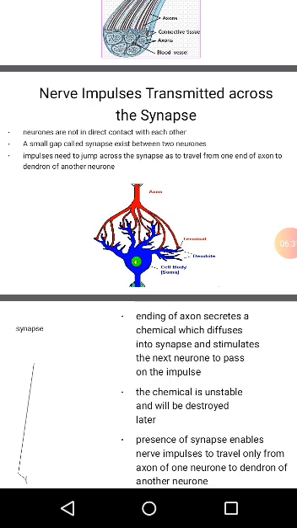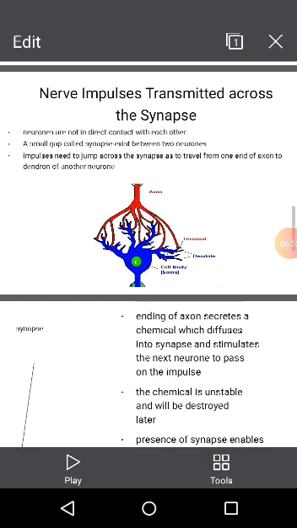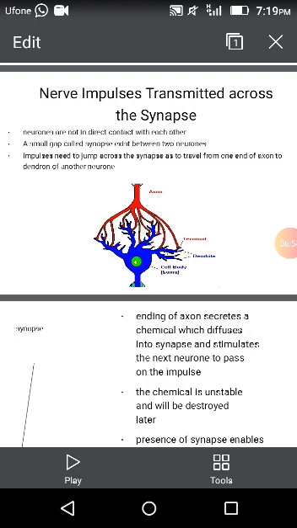A nerve impulse needs to jump across the synapse to travel from the axon of one neuron to the dendron of another. So, from one neuron, the nerve impulse has to jump across the synapse and then pass on to the next neuron, from axon to dendron.